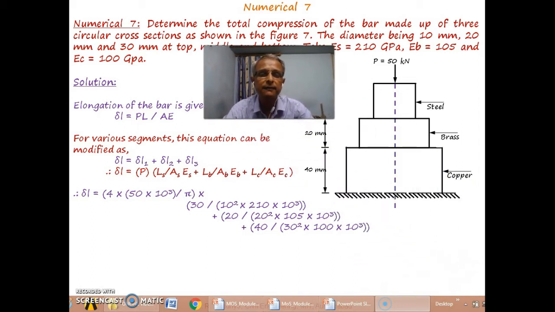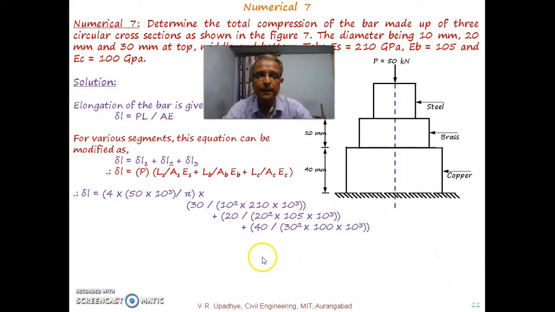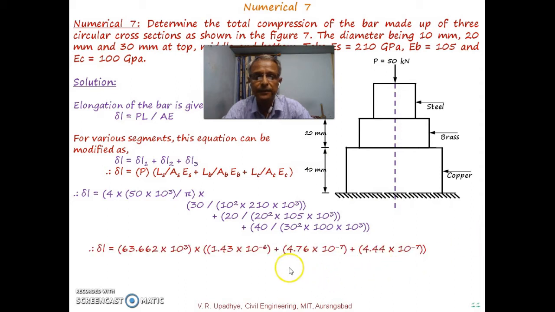Then the third part, 40 mm length and diameter 30 mm, so 30 square into its Young's modulus, given as 100. If we calculate this, pi by 4 into 50 into 10 to the power 3, so 4 is taken up, this gives you 63.662 into 10 to the power 3.